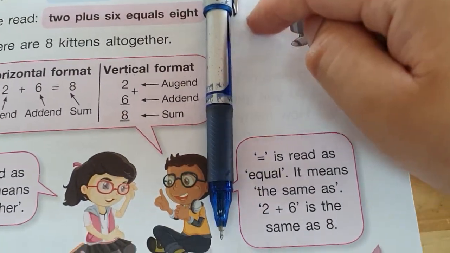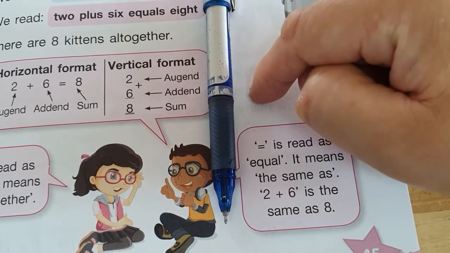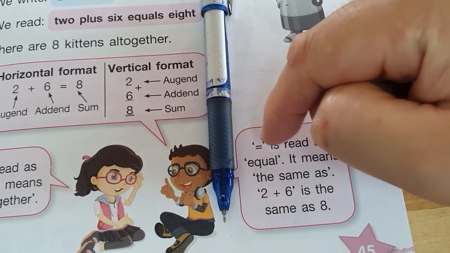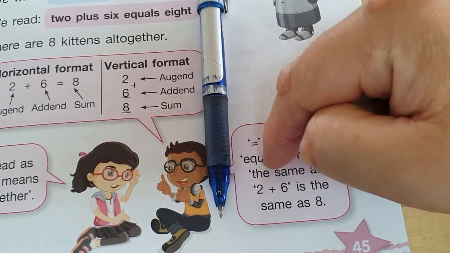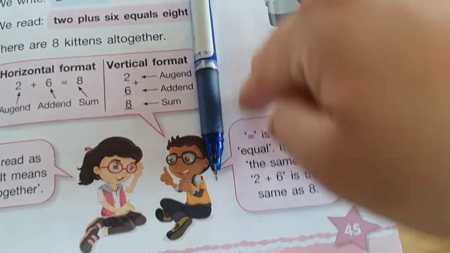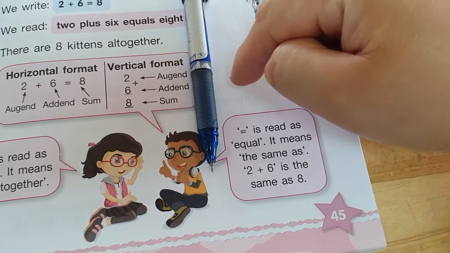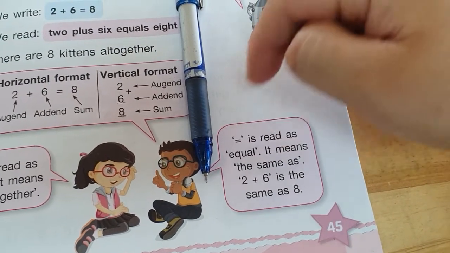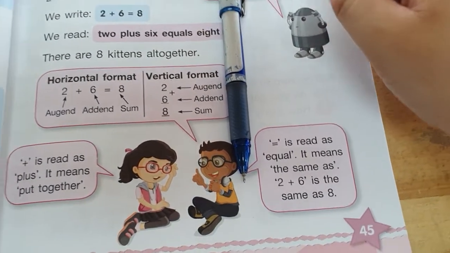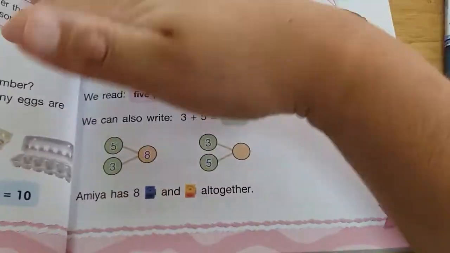So we have 2, the augend, plus 6, the addend, equals the sum. Okay, so like this. Augend plus addend equals sum. Okay, do you understand? All right, good. Now let's turn the page.